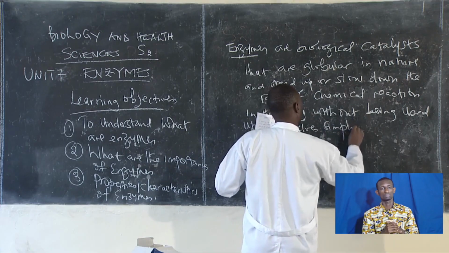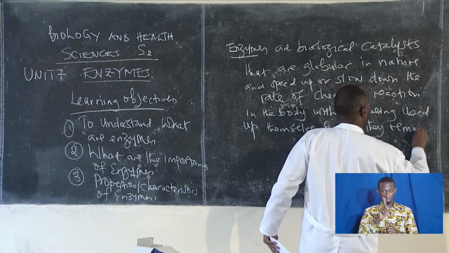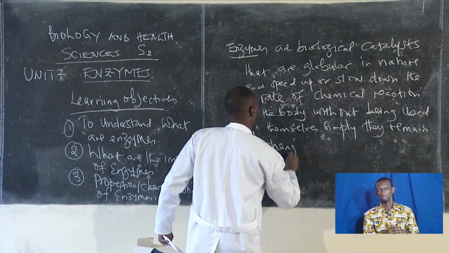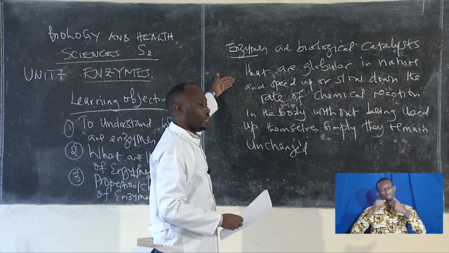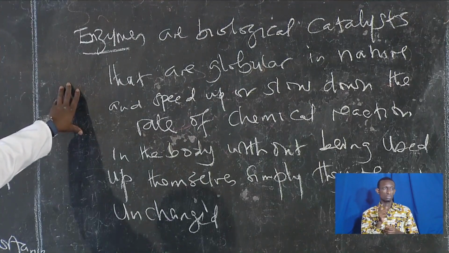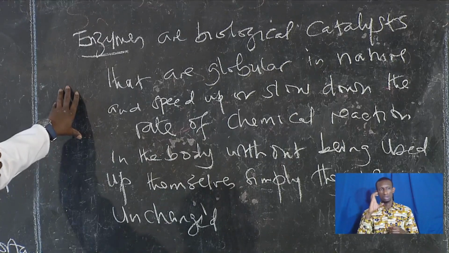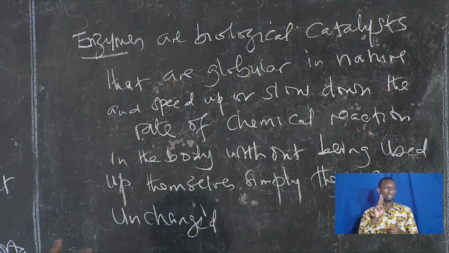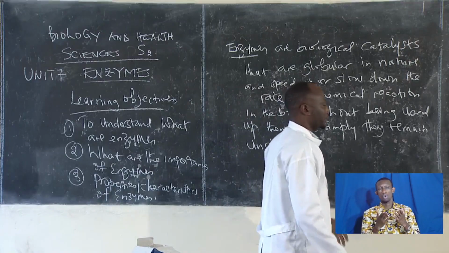Simply, they remain unchanged. So that is the definition. You can take a note of the definition of enzymes. All right? I said enzymes are biological catalysts that are globular protein in nature, or protein in nature, and they speed up or slow down the rate of chemical reactions in the body but without being used up themselves, or simply they remain unchanged.